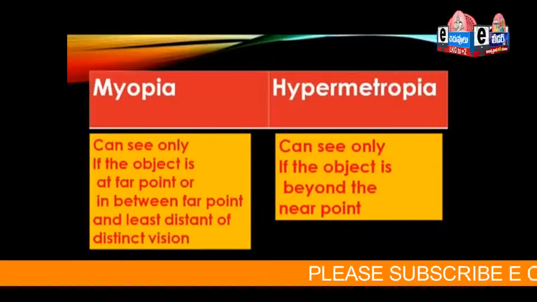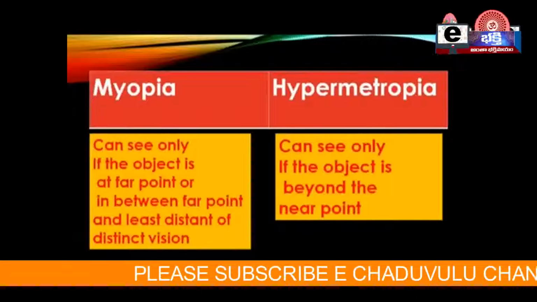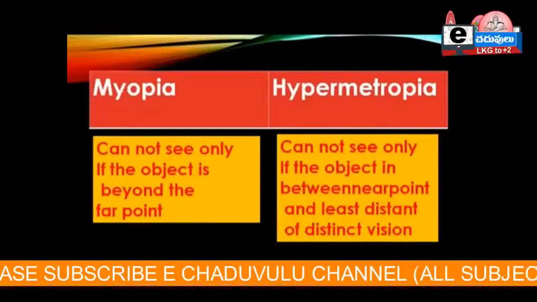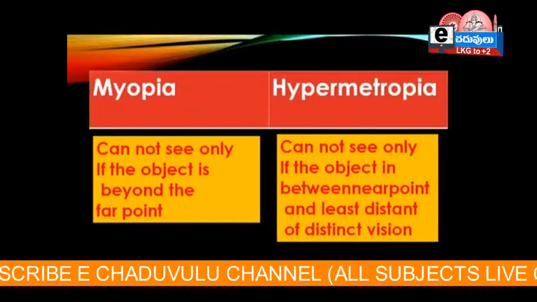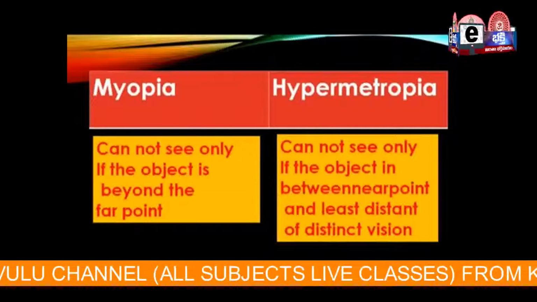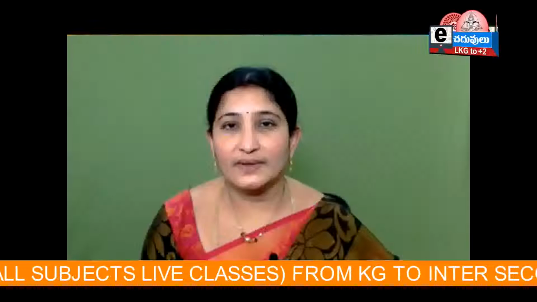Hypermetropia, they can see only if the object is beyond the near point. Myopia cannot see if the object is beyond the far point. Hypermetropia cannot see if the object is in between the near point and the least distance of distinct vision.